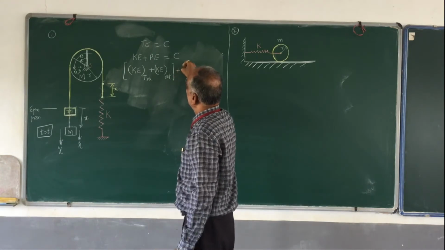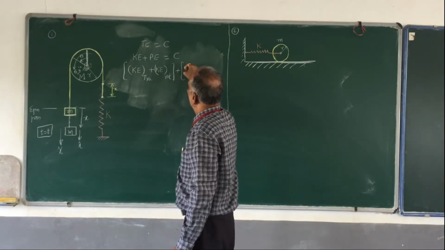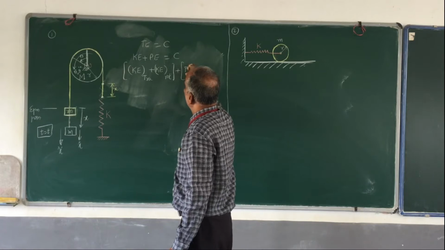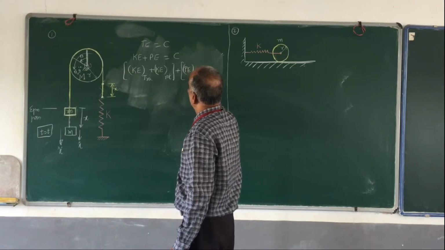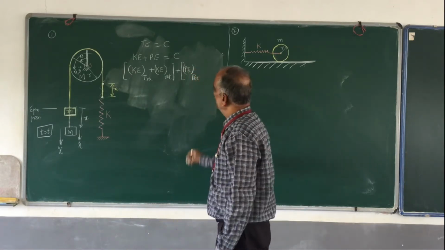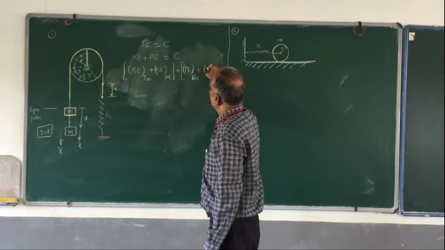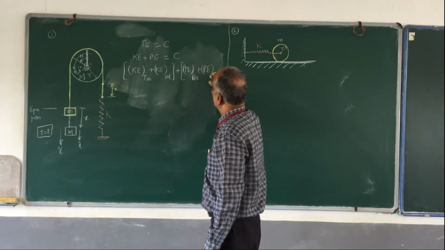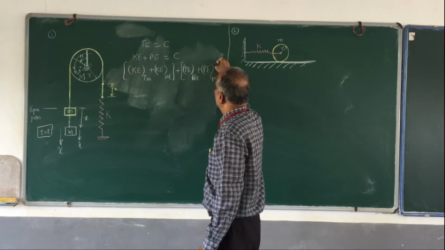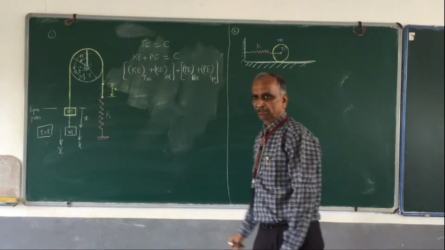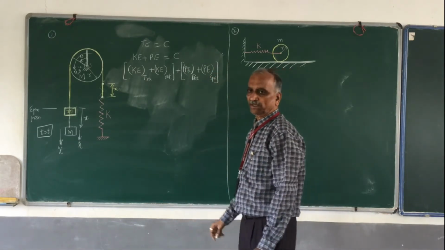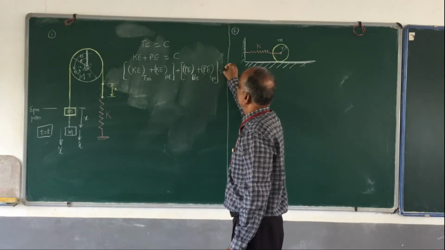Then potential energy. What is potential energy? Because of the position of the mass. Then potential energy in the spring. Energy stored in the spring is also known as strain energy. That is strain energy in the spring. This is equal to constant.